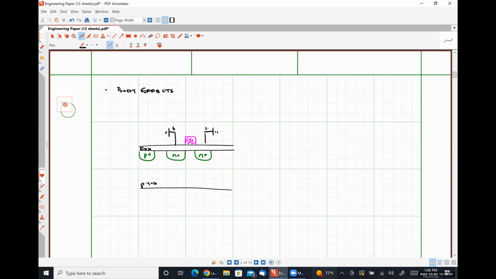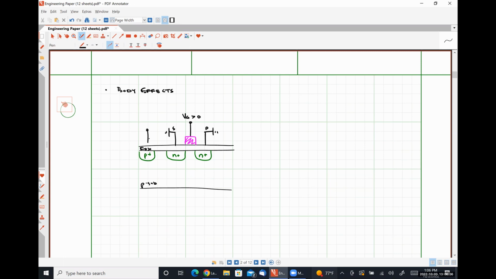Our source and our drain are still grounded. Our voltage VG is greater than 0, so that we are pushing holes away.